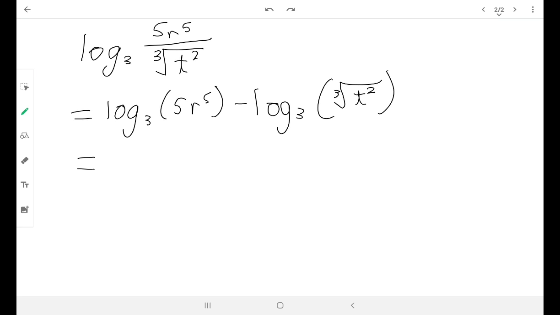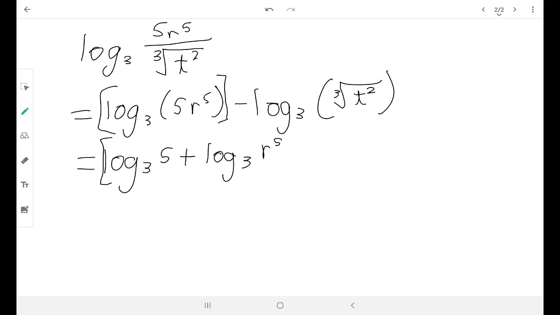And because of that, I can expand that into addition. So it'll be log base 3 of 5 plus log base 3 of r to the 5th. Okay, so that's this much. That's all that together.